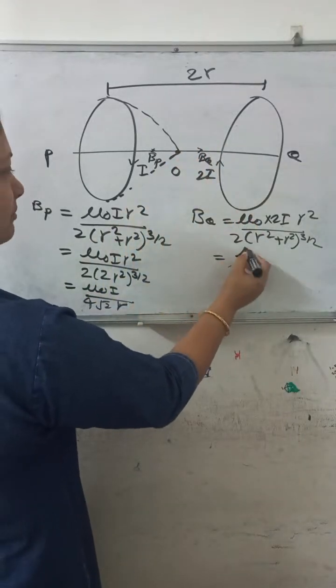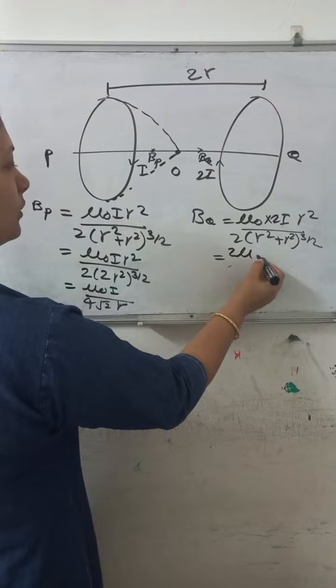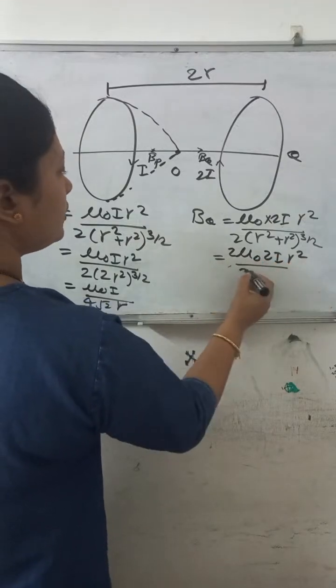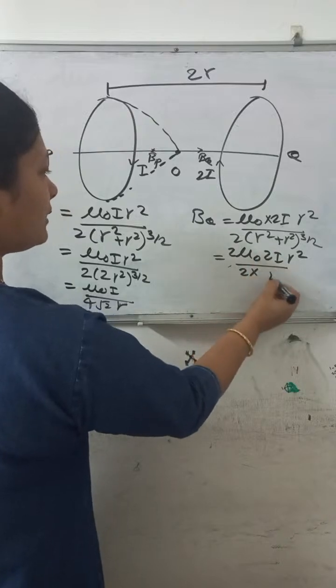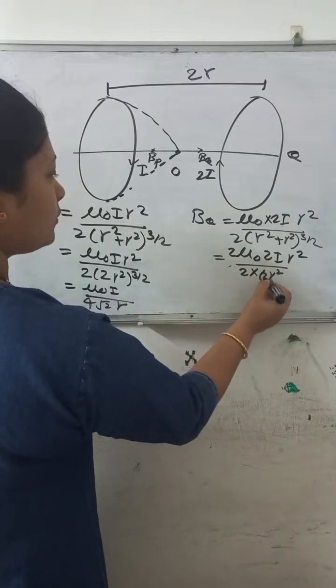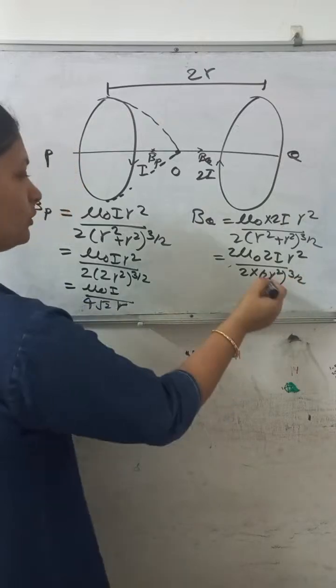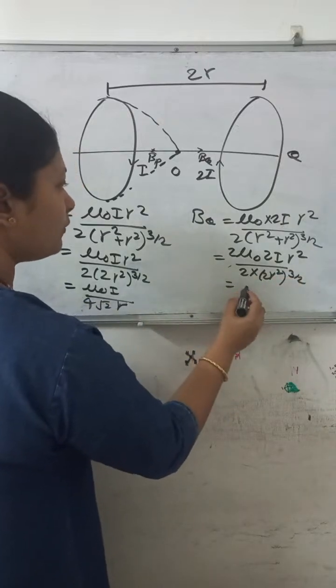If you simplify here, 2 into mu naught, 2 into I R square, R raised to 2, and 2R square raised to 3 by 2, the 2 and 2 get cancelled, again 4 root 2.